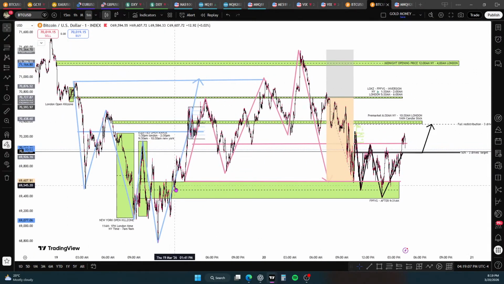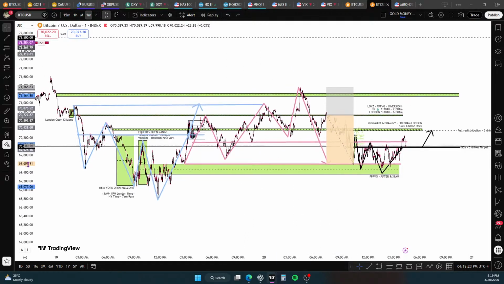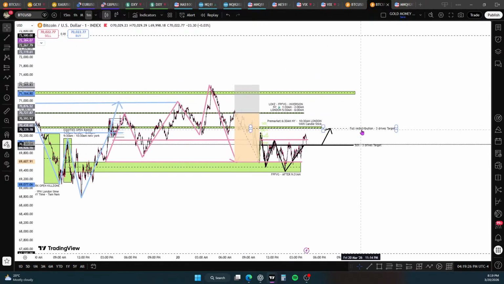Look, see these green boxes. Okay, now you can see how it aligns, because I want to take my entry there and target this, and then I want price to trade through that.